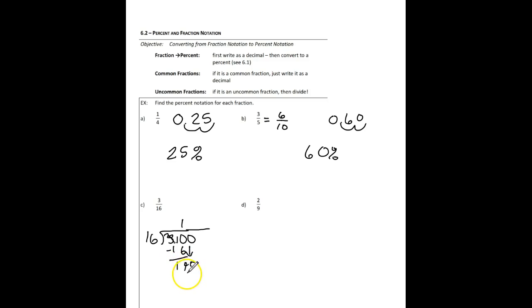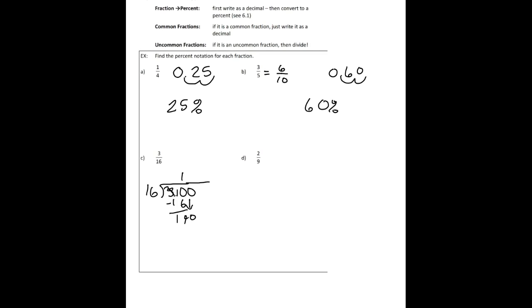How many times does 16 go into 140? Well, 16 times 10 would be 160, and this is 20 less than 160, so I'm going to say that is 8 times. And 16 times 8 is going to give me 128, so I'm good to go there. Again, I'm going to subtract, and now I get 12. Go ahead and add some more zeros, just long division here.